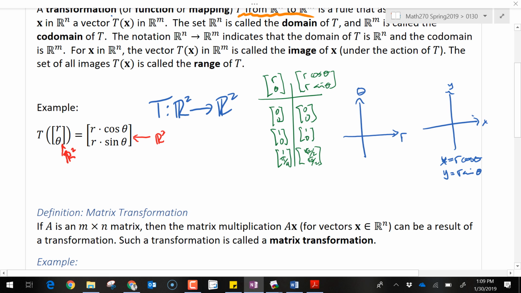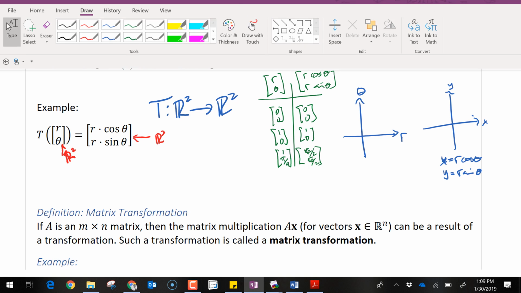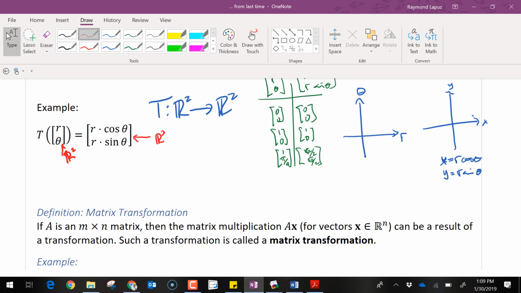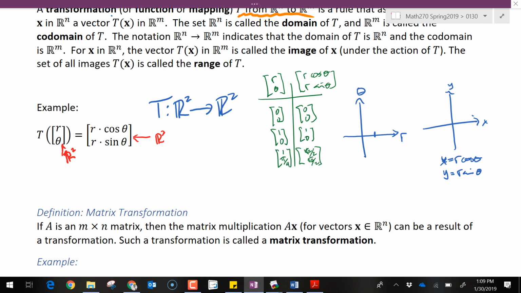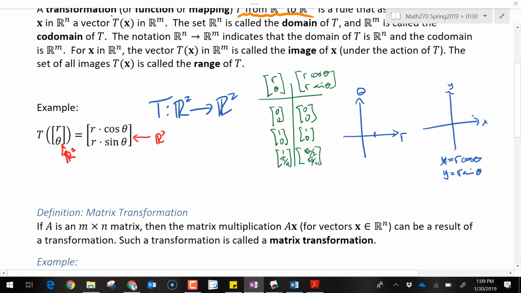Let me continue drawing on this and say, for example, when R goes from 1 to pi over 4, for example, this gets mapped onto, what does this get mapped onto?